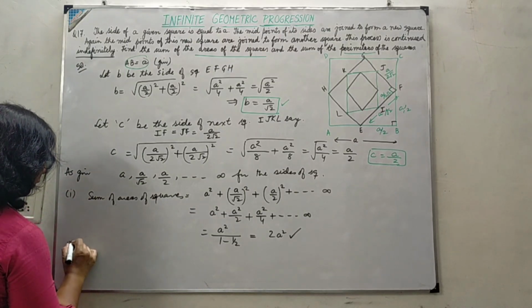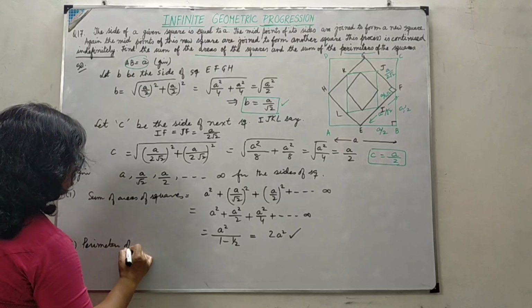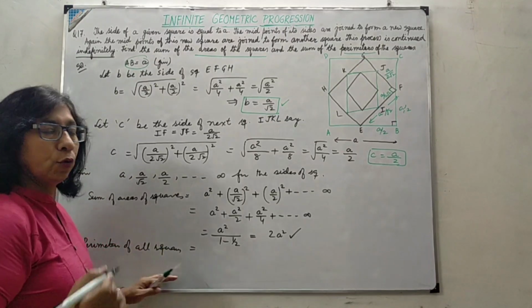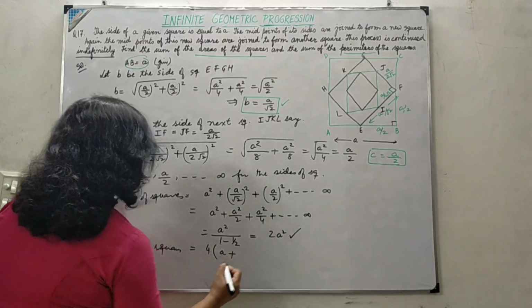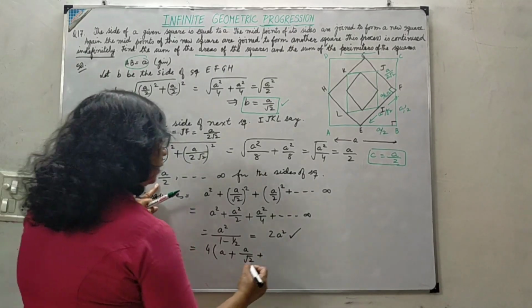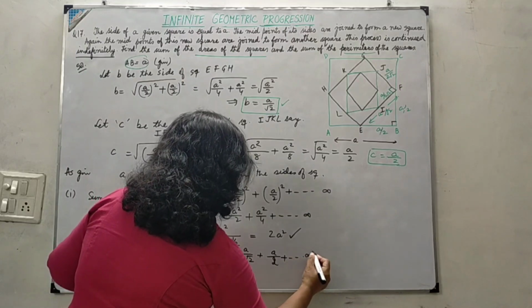Now similarly we can get the perimeters of all squares. Again perimeter is 4 into side. So I will be using 4 times the first side plus the second side of the square, then the third side of the square, and so on up till infinity.